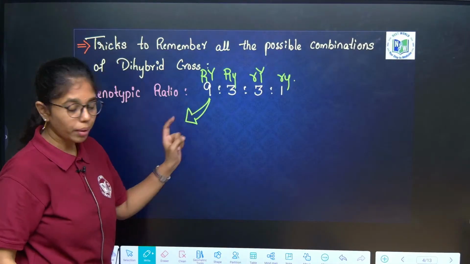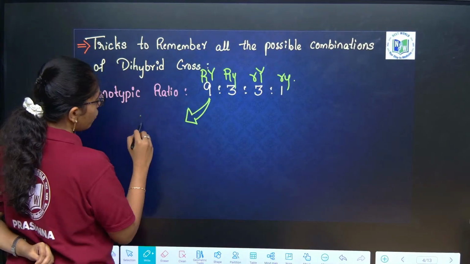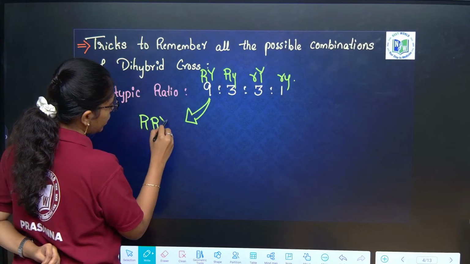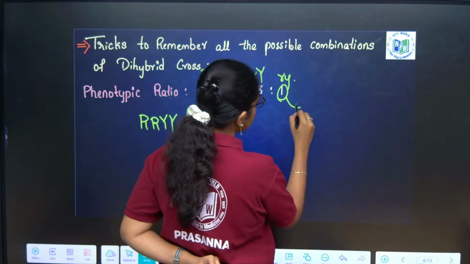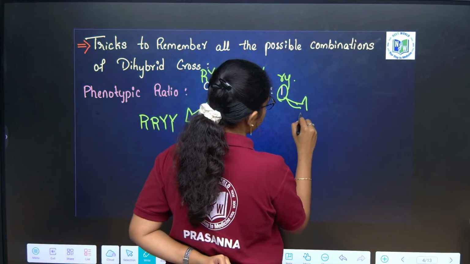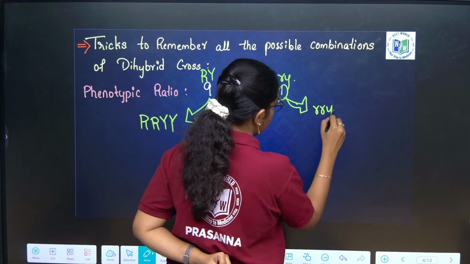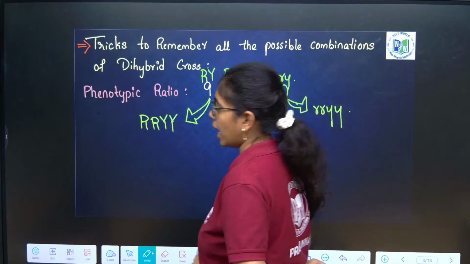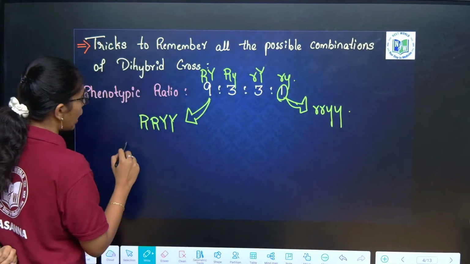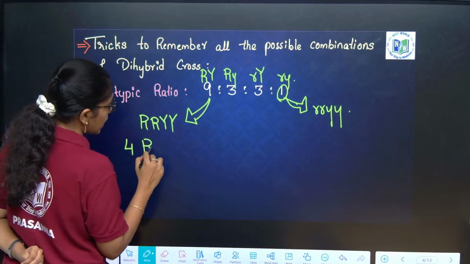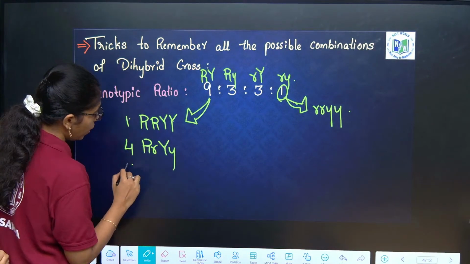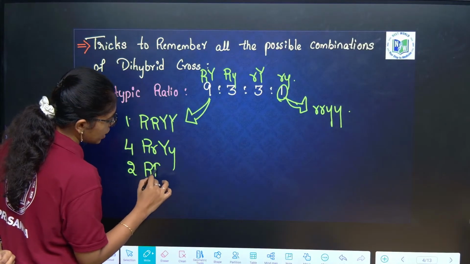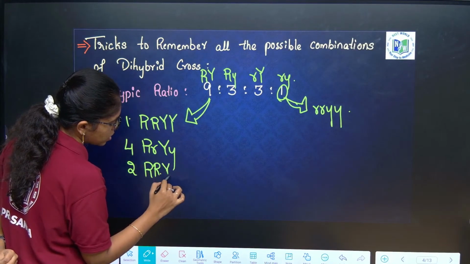So from this 9, if you take, 1 is homozygous dominant, and here also you will get 1 homozygous recessive. And here 4 are heterozygous dominant. 2 are 1 homozygous condition and 1 heterozygous condition.